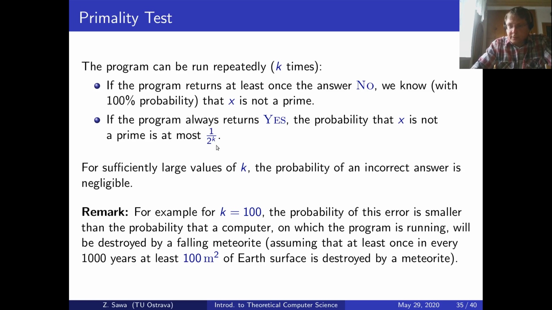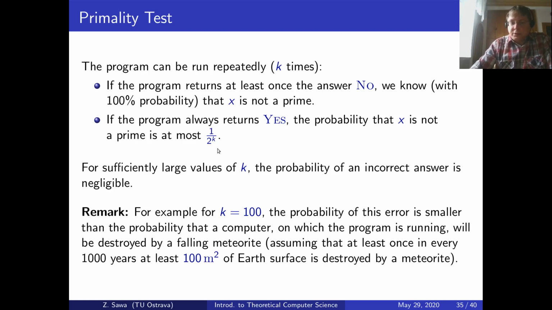In the case where the number on the input is not a prime but we always obtain the answer yes, the probability of this occurring is 1 divided by 2 to the k. So if k is sufficiently big, this number will be extremely small. It will be close to 0.